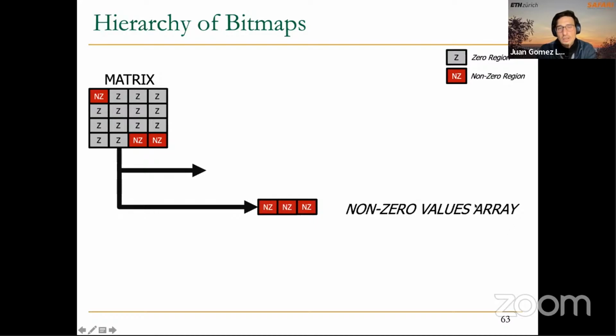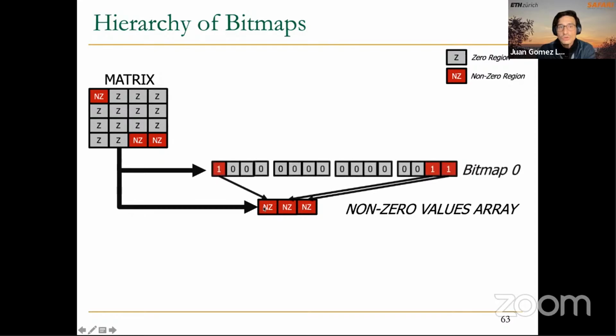Again, let me clarify, these are not only non-zero values, these are non-zero blocks which contain at least one element that is non-zero. And then we create the bitmap. So observe that we only have 3 non-zero blocks here. So we only have 3 bits in the bitmap that are equal to 1. And now, because this bitmap 0 is relatively large still, we can compress it and obtain some bitmap 1.